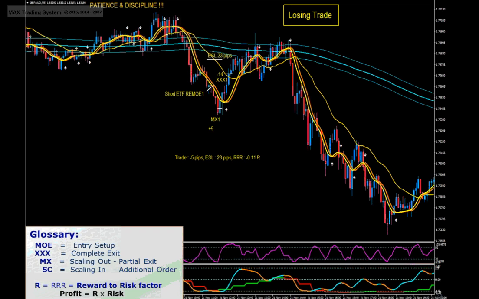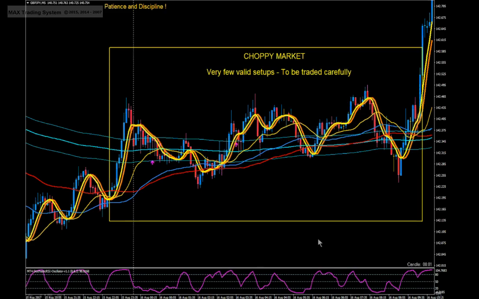Let me illustrate an example of a price mode which is the most difficult to recognize, the choppy mode, or the choppy market. The choppy market is defined when the price is moving in a completely erratic way in a rather large range. In the course, we explain in great detail all the conditions and all the tips we can use in order to recognize a choppy mode as soon as possible.